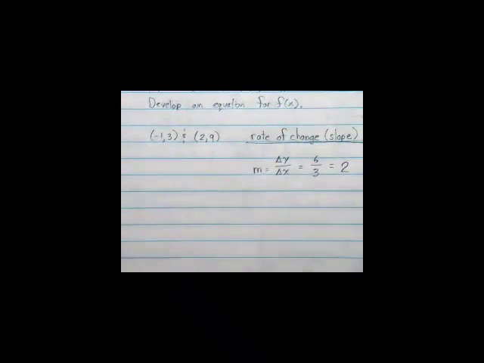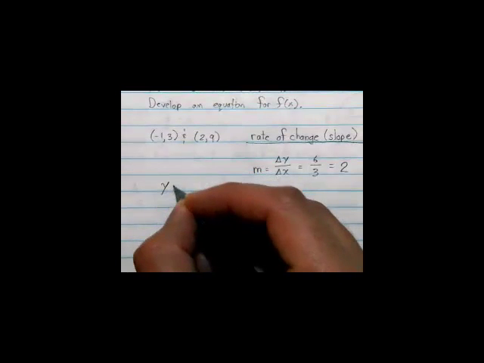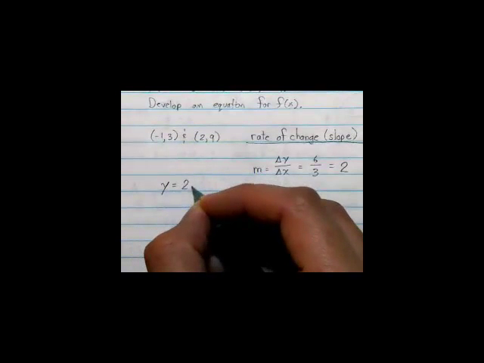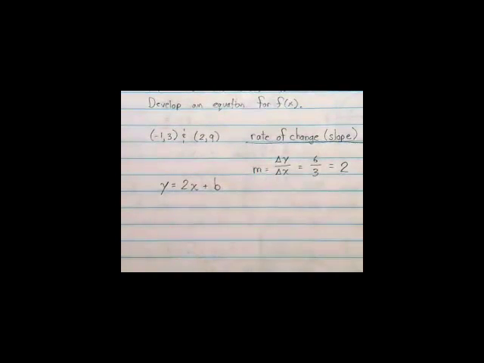Okay. So we know our slope is 2. Using that, we can start to piece this equation together now. So it's going to be y equals 2x plus, and I don't know the b yet. So what could I do to find the value of b, given the information that I still have available to me? Yeah? Put points in for x and y, and then solve the equation for b.